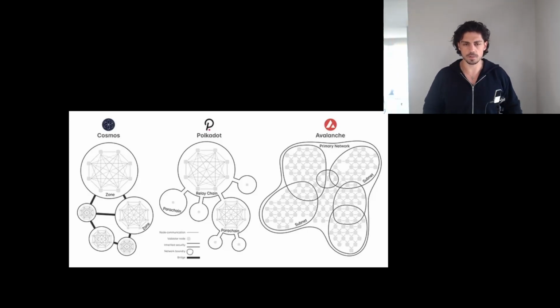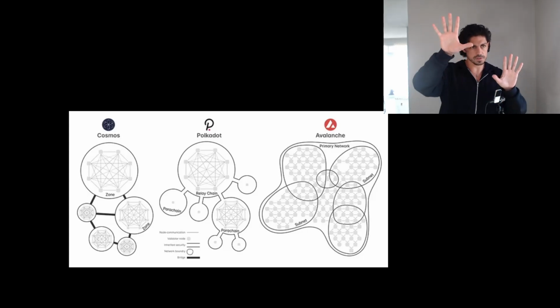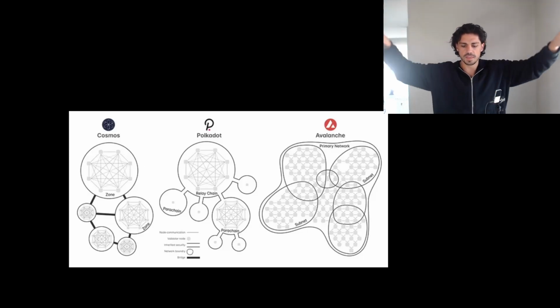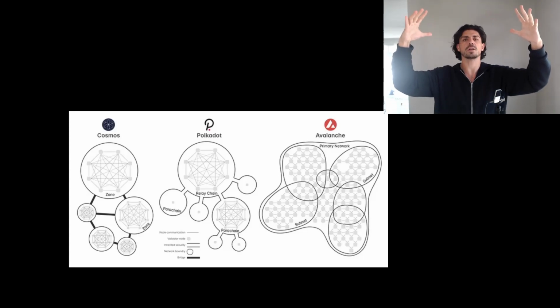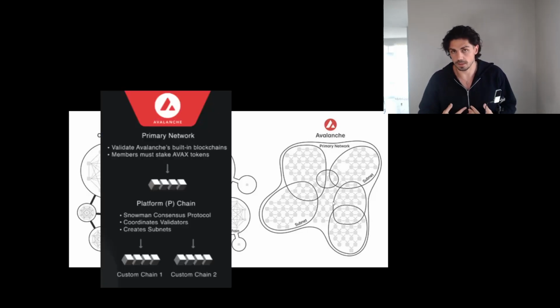The layer zero is the cell, and inside the cell are all the subnets and all the chains, right? The C chain, X chain, all those things we're talking about. And the layer zero is like that cell membrane that holds it all together, right? And then inside of it is kind of this neural network sort of thing, right? If you see these types of clunkier designs, these are okay, but they just can't compete with the neural network design that exists with Avalanche, in my opinion.